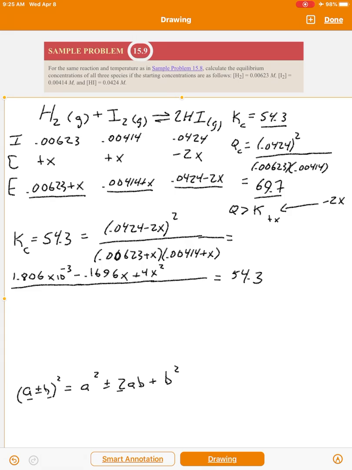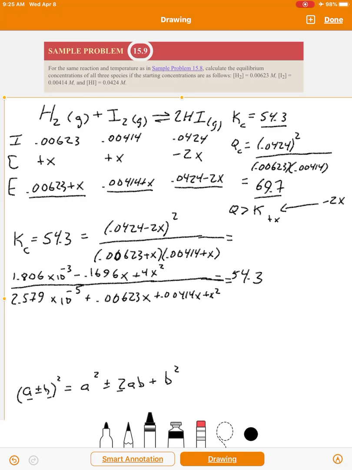Okay, so that gives you 2.579 times 10 to the minus 5 plus 0.00623x plus 0.00414x plus x squared. Okay, let me make this a little bit longer and then put the equal sign over there, and then get rid of this up here.